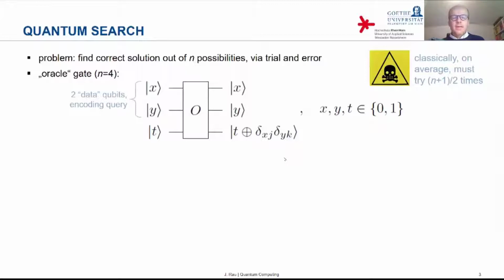They encode the query in the sense that we have 4 possibilities for our solutions. We want to check them, and we can label these possibilities in binary representation. These would be 2-digit labels from 00 to 11.